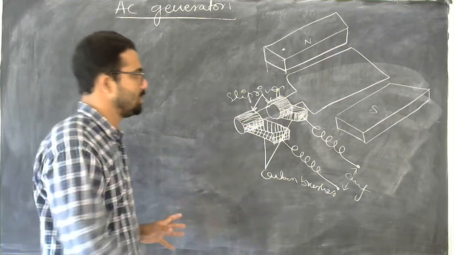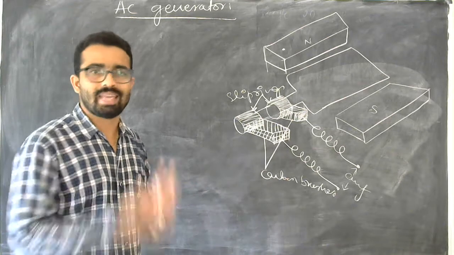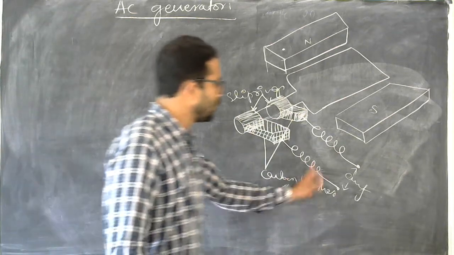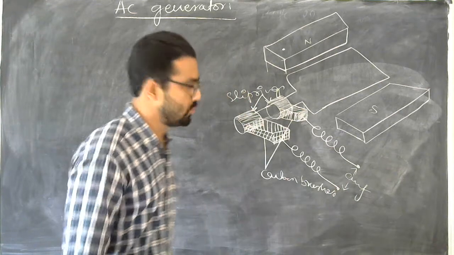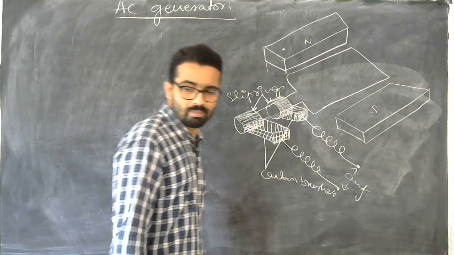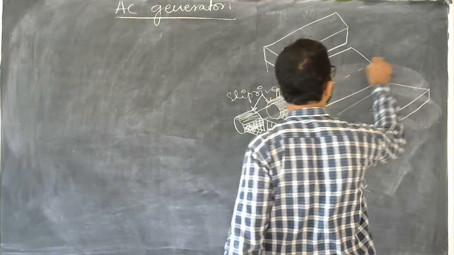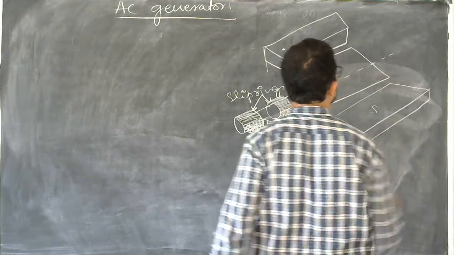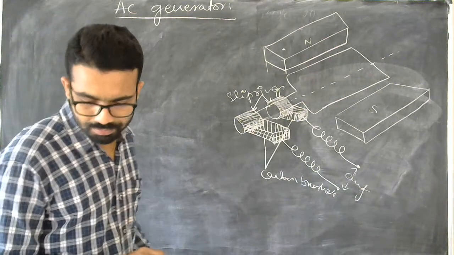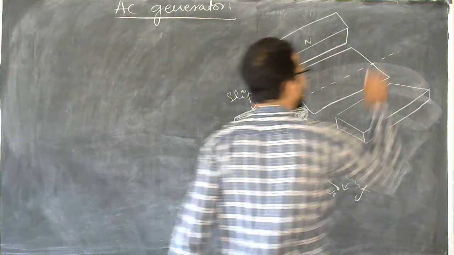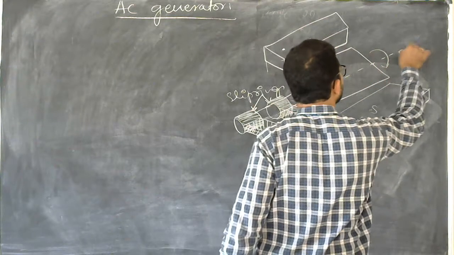It is an arrangement to get the EMF. That's all, you get the EMF. EMF means it is a voltage, and this is a coil, and this is the axis of rotation.